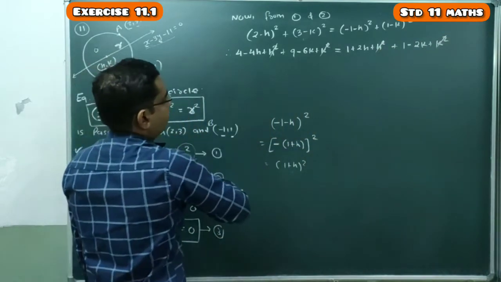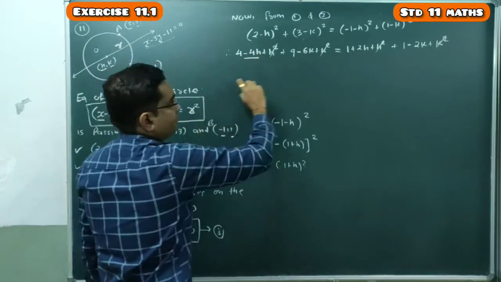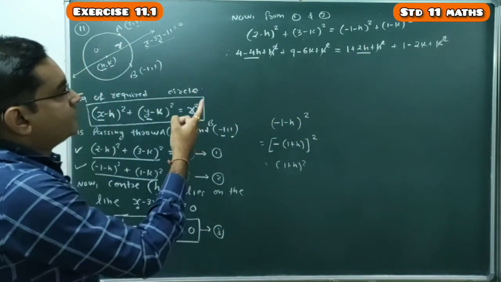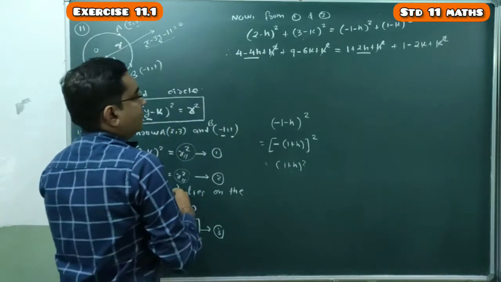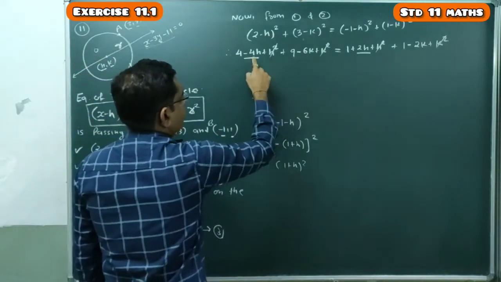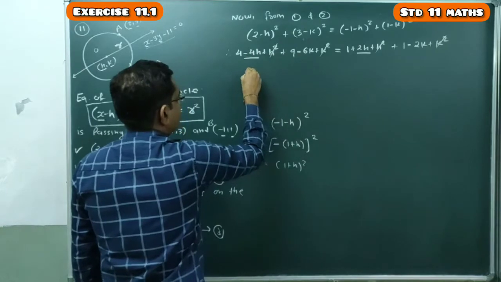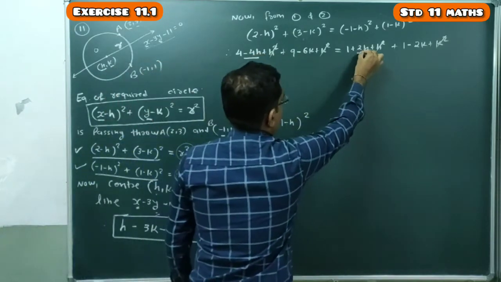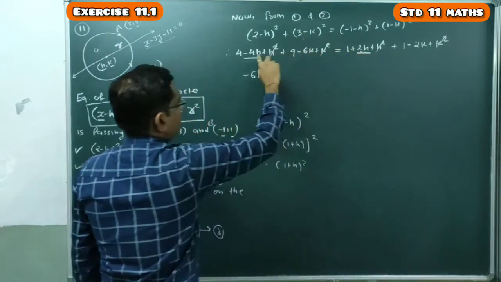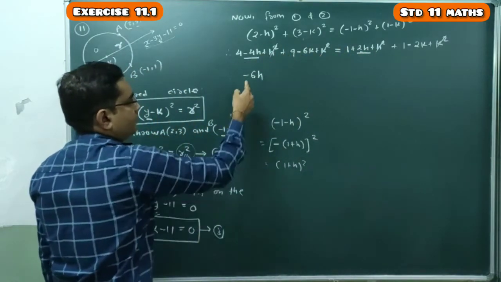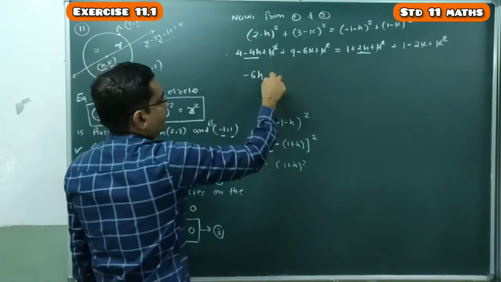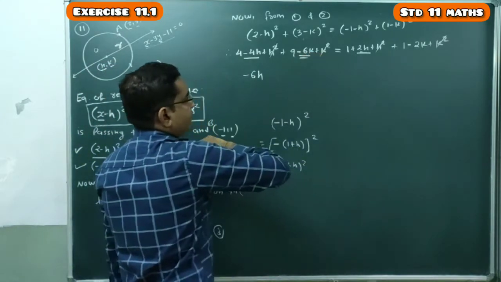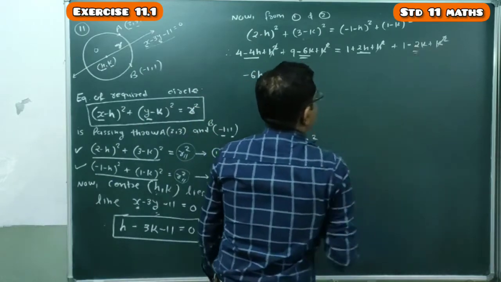Now here first we are considering h, so minus 4h and this is plus 2h. Taking that plus 2h on the left hand side, it becomes minus, so minus 4h minus 2h is minus 6h. Now for k, minus 6k is there and minus 2k is there.